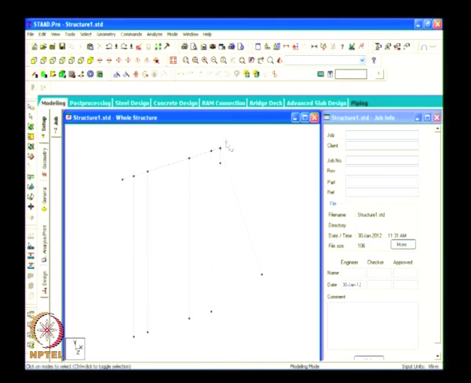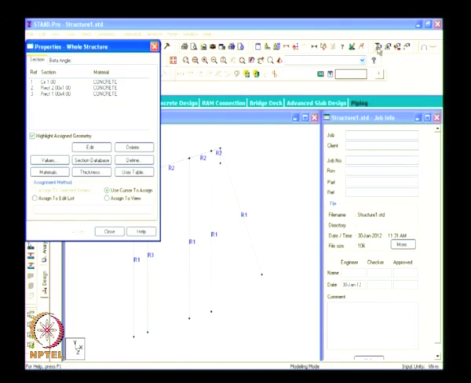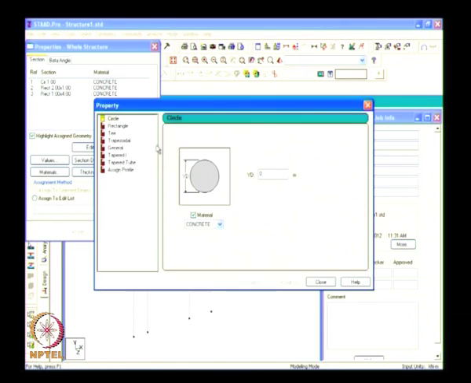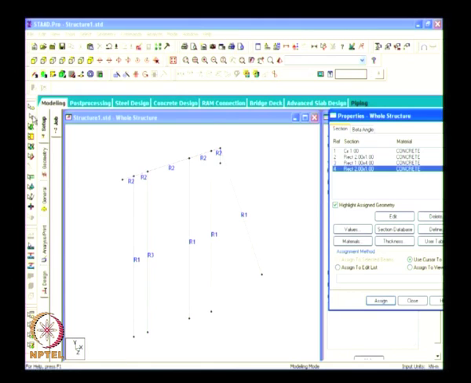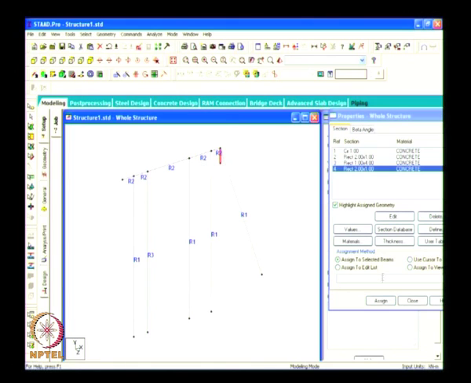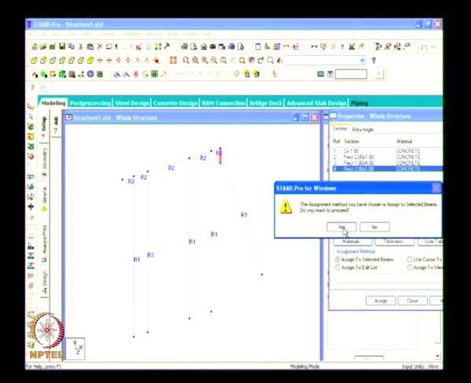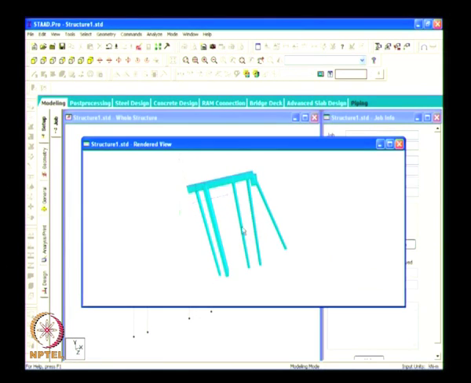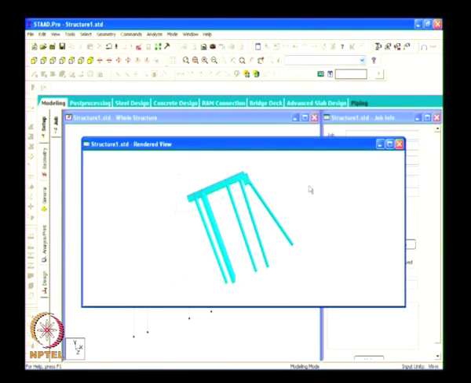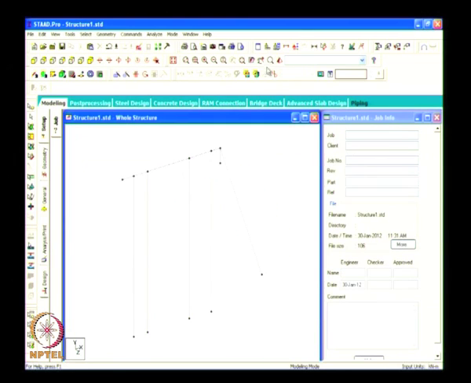Three D view. Now we added one retaining beam. So that beam is shown at the end.